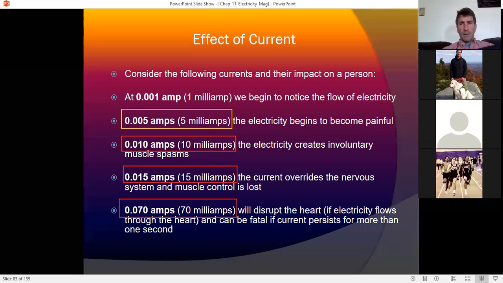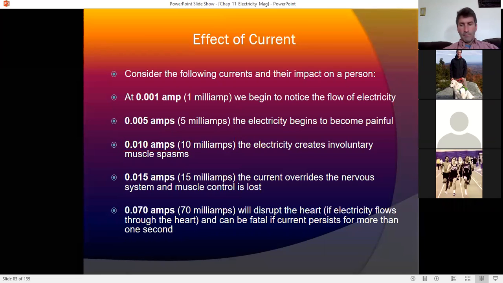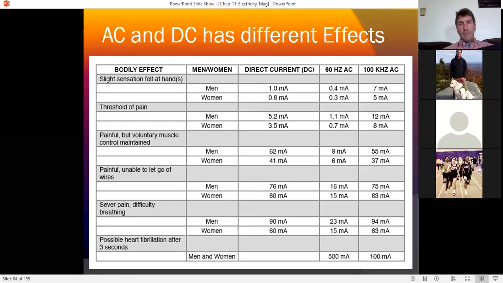Handling electricity, you always want to be very careful not to touch anything that you suspect has the potential to be hot. And again, how electricity affects you varies a little bit depending on if it's DC or AC.